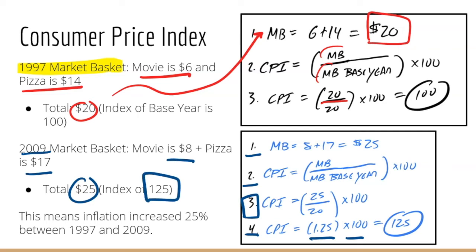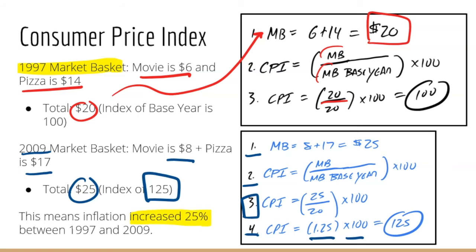And so now all we do is compare the two numbers together. In 1997, which is our base year, the CPI index was 100. In 2009, the CPI index is 125. What this means is that compared to our base year in 1997, in 2009, our prices increased by 25%.